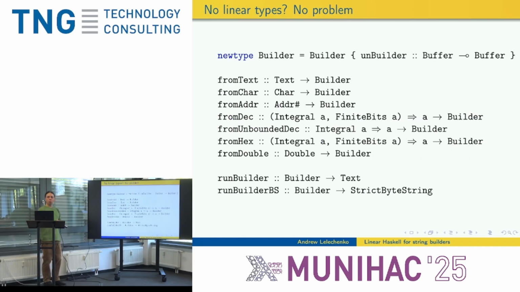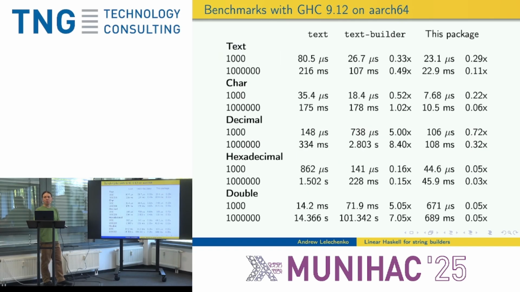And if I were to benchmark the builder interface, which is more convenient and probably more apples to apples with these other two contenders, then actually linear builder will get slower and in some cases, text builder will get into first place. That's kind of a caveat. But I do recommend that if you go and use linear builder, then try and actually use the linear interface, because this is the one which offers you the best performance results.